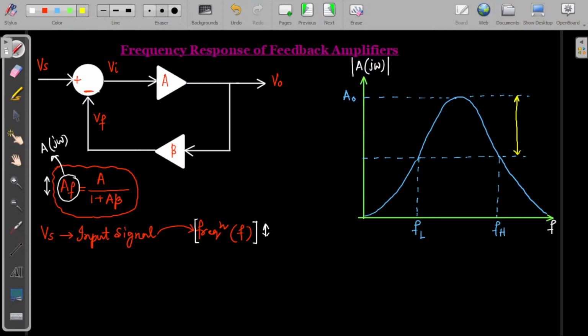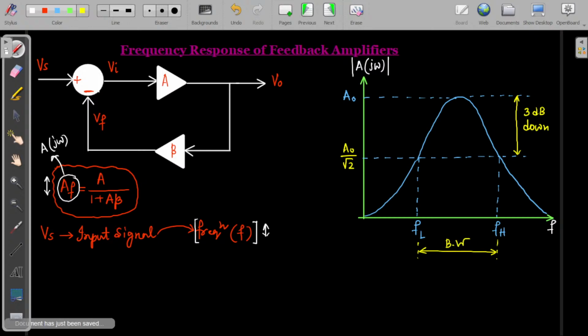If you have seen the offline classes, that means 3 dB down. Always we have discussed 3 dB down. So if it is 3 dB down, then here it will be A0 by root 2. So this will be the lower 3 dB frequency, and FH is called the higher 3 dB frequency. And the gap between FL and FH was called the bandwidth of the system. So this is the bandwidth of the system.